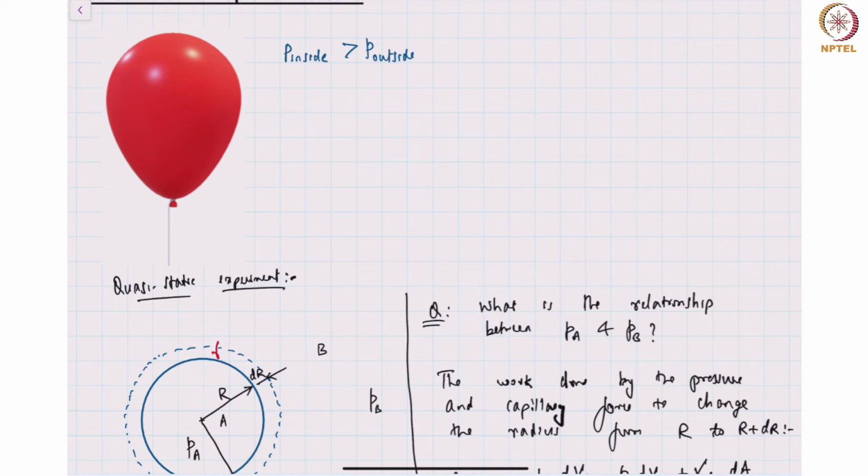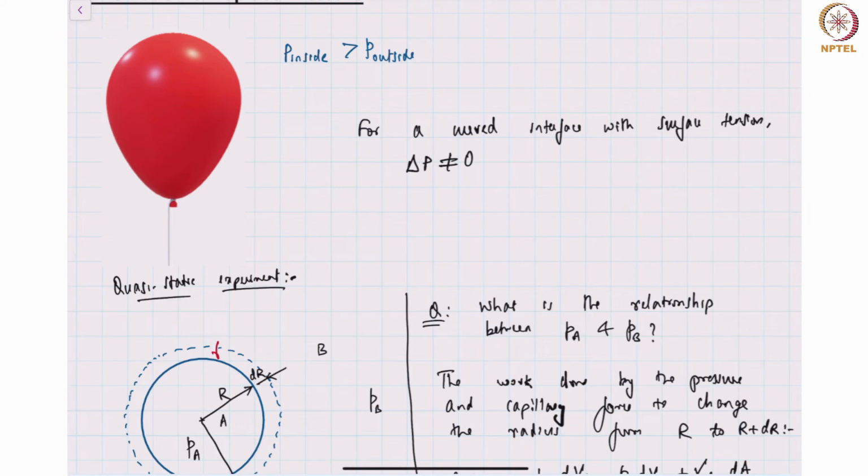The general statement would be as follows: for a curved interface with surface tension, delta P, where delta P is the jump across the interface, is not equal to 0.